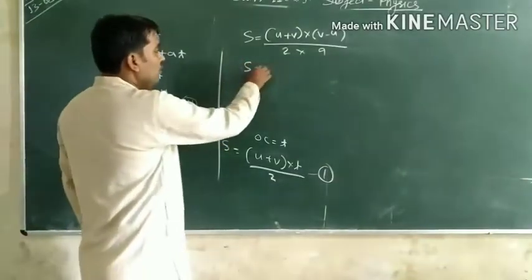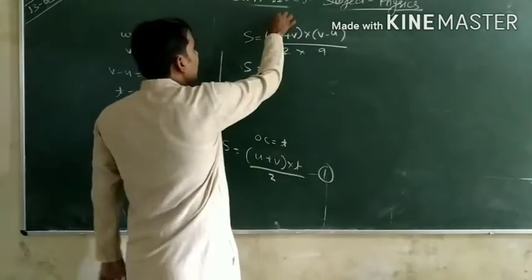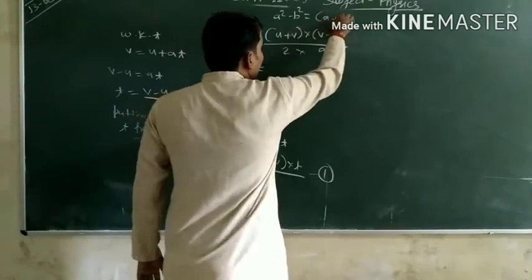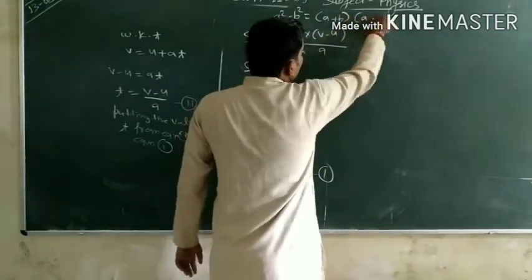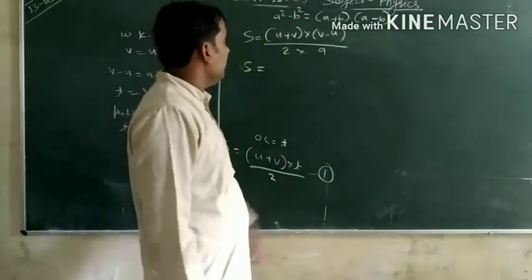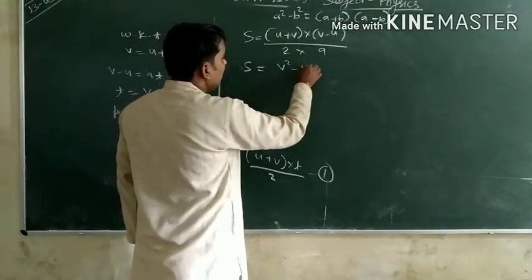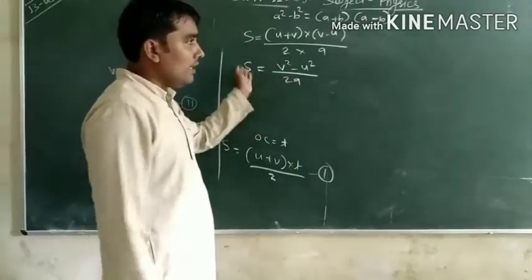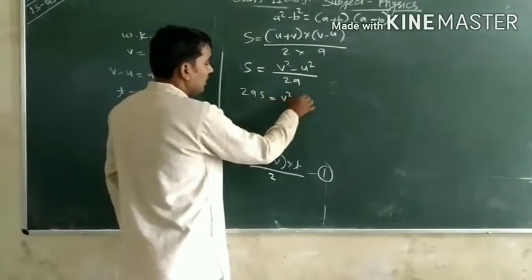Now we know the formula A square minus B square is equal to (A plus B) in one bracket and (A minus B) in the other bracket. Using that criterion on the above, we get V square minus U square upon 2A, and 2A is multiplied by S. So 2AS is equal to V square minus U square.